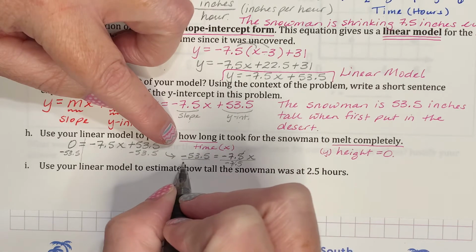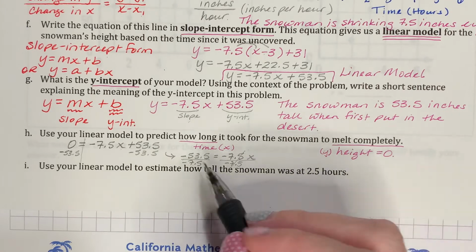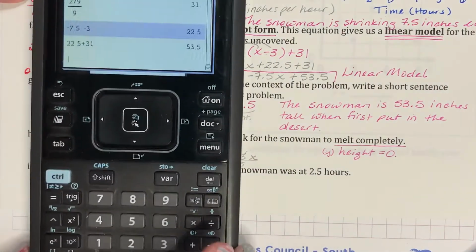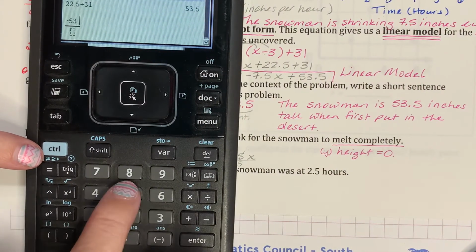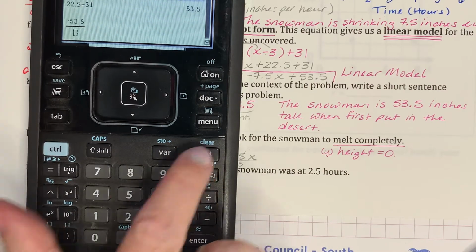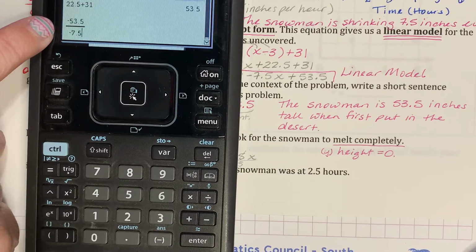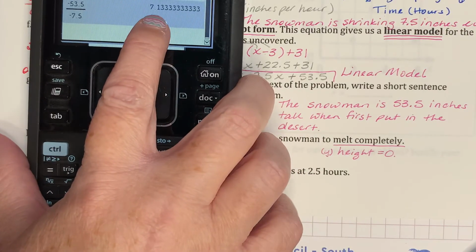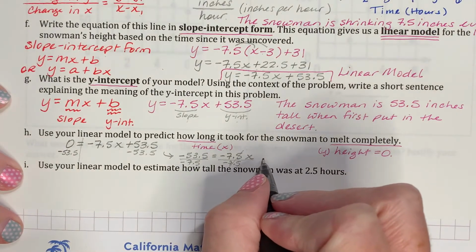But whatever I do on one side, we're going to do to the other. So negative 53.5 divided by negative 7.5, and we get 7.133.